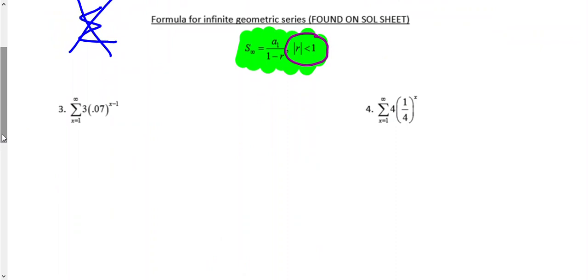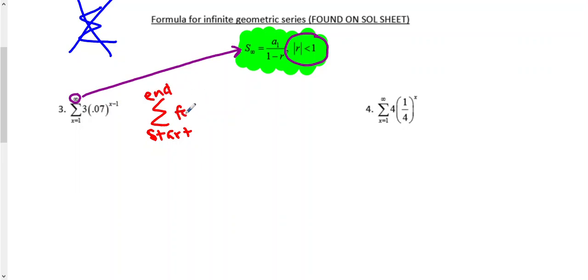So let's look at number 3. I have E, so I know it's a sum, but I notice there's an infinity on the top. So this infinity means I need to use this formula. But how do I get a sub 1 and r? Well, remember, our E's have our starting point on the bottom, our ending point on the top, and our formula next to them.